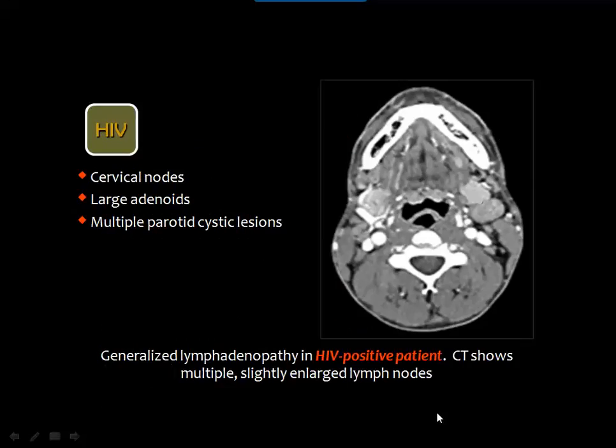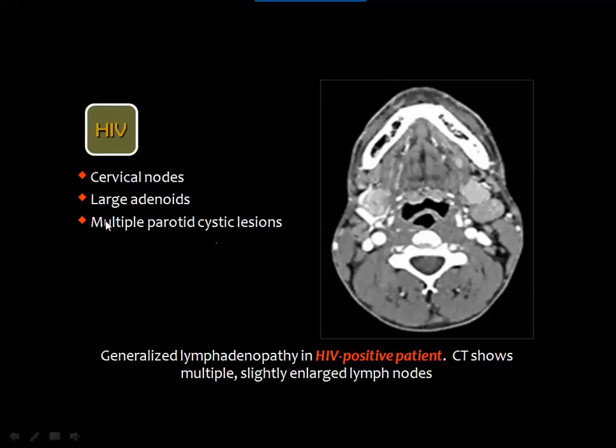In patients with AIDS or those who are immune compromised, you may get cervical lymphadenopathy and also enlargement of the lymphoid tissue in the neck, particularly the adenoids.